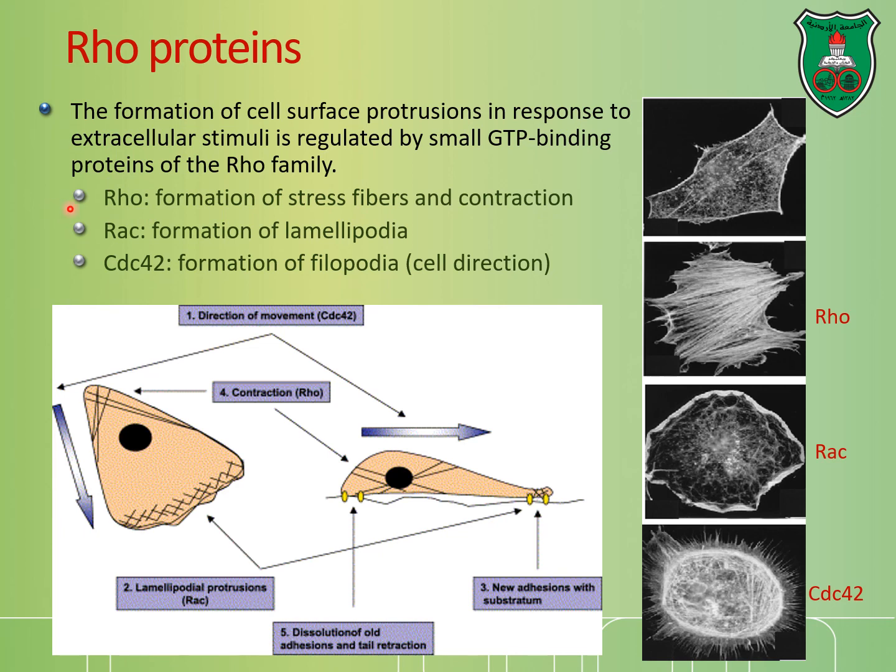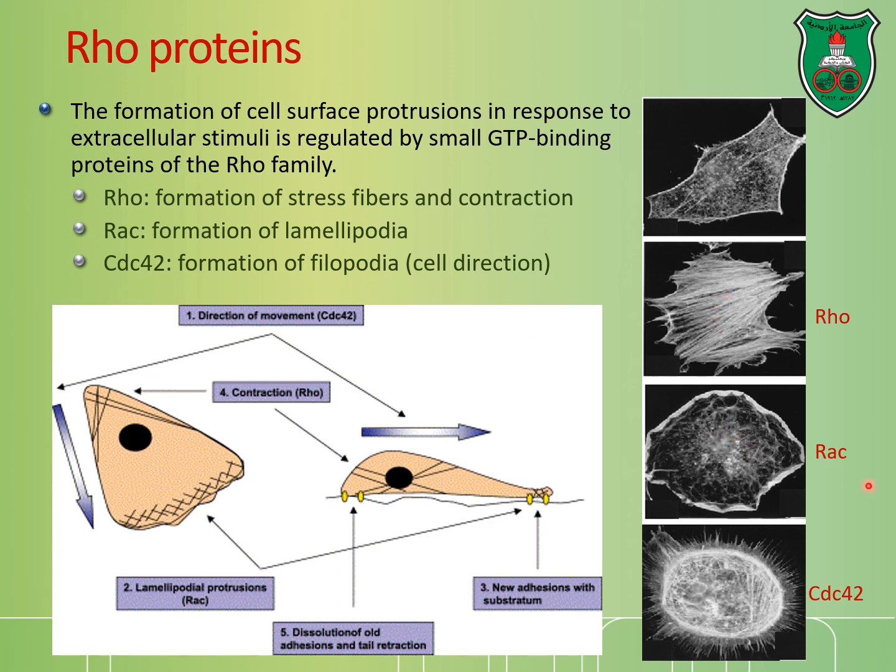We have a protein known as Rho, and Rho is responsible for the formation of stress fibers. What you see in here is just a normal cell. This is when you have Rho overexpressed and activated in the cells, and you see the formation of the different stress fibers.